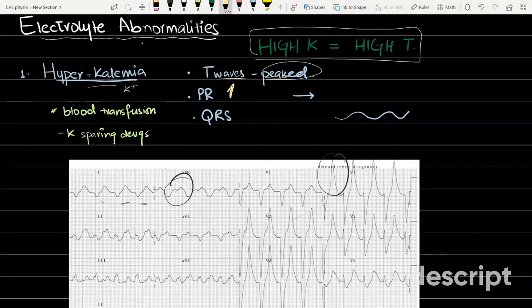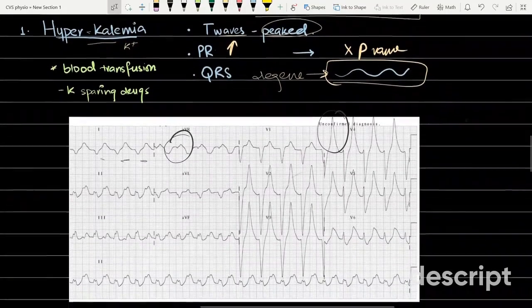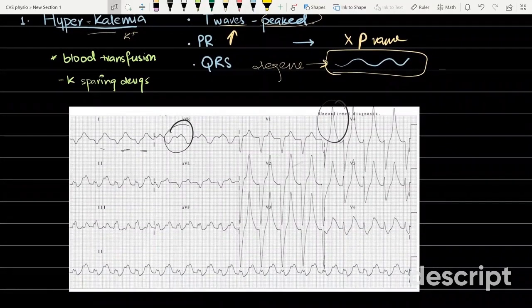The PR interval is prolonged and it is progressing into absent P wave. The QRS complex is degenerating to a sine wave. So this is the pattern observed on the ECG with hyperkalemia. As you can see, there is a broad degenerating QRS. There are almost absent P waves and tall T waves.